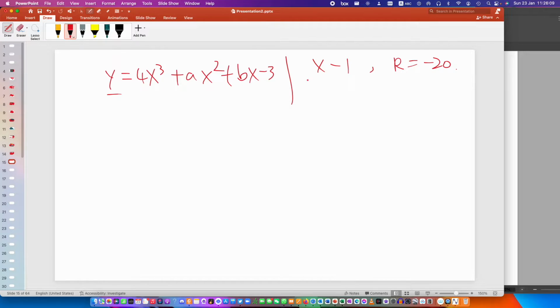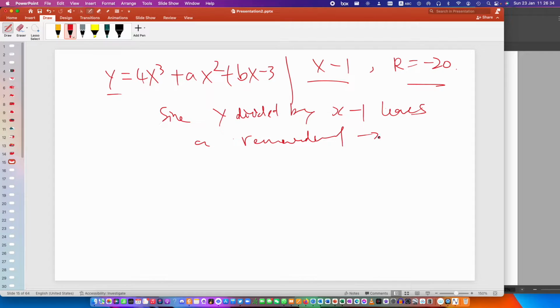So what this means is, since the dividend divided by x minus 1 leaves a remainder of minus 20, you can actually conclude that this is the dividend, this is the quotient, and then it will leave a remainder.